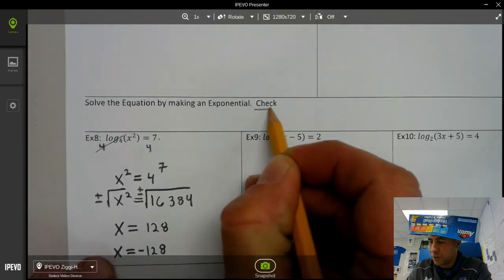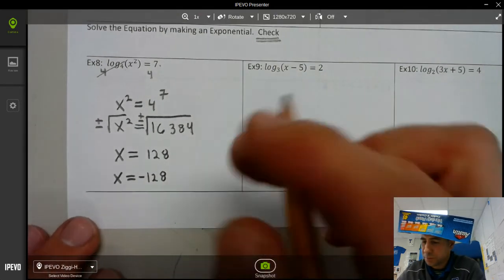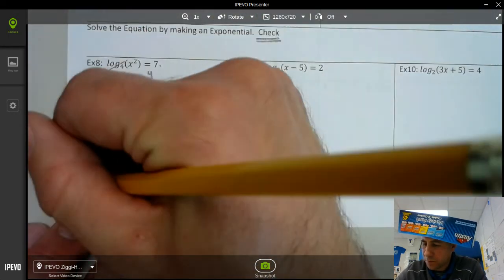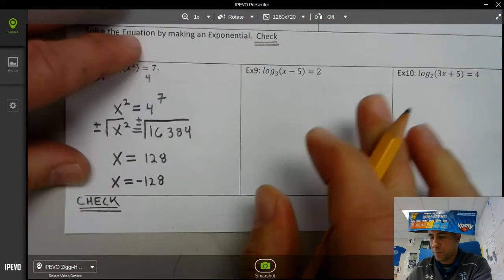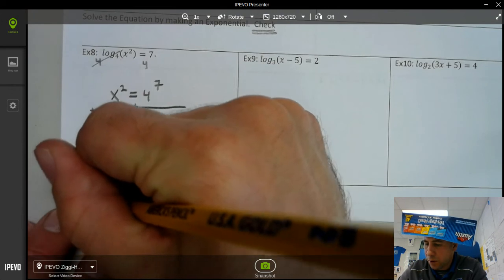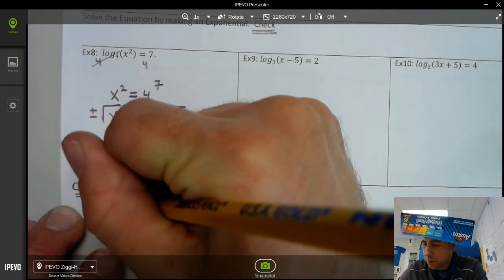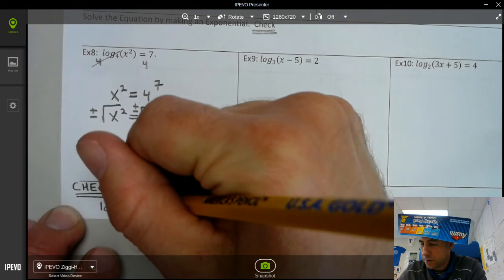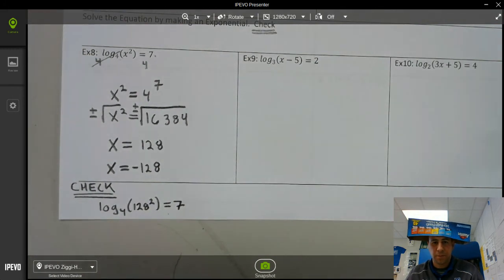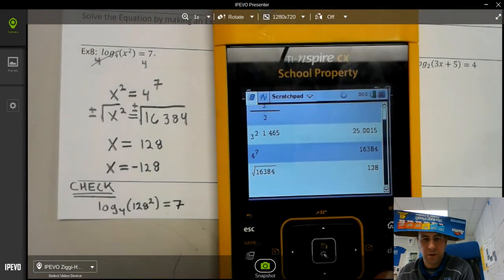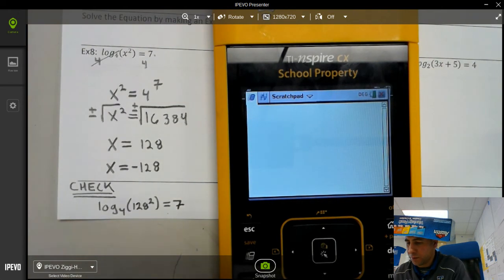All right, but it says check, so let's go ahead and check. So we have log base 4 of 128 squared equals 7. So when we put that in, let me clear this out. We do log base 4 of 128 squared equals 7.